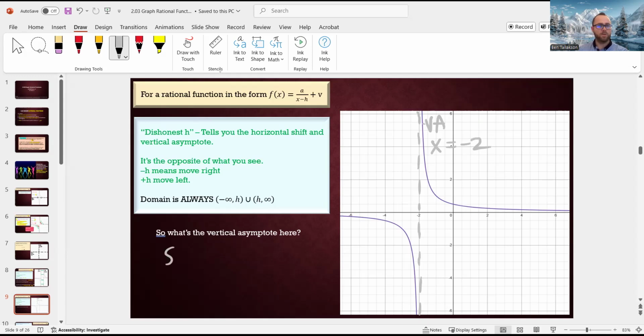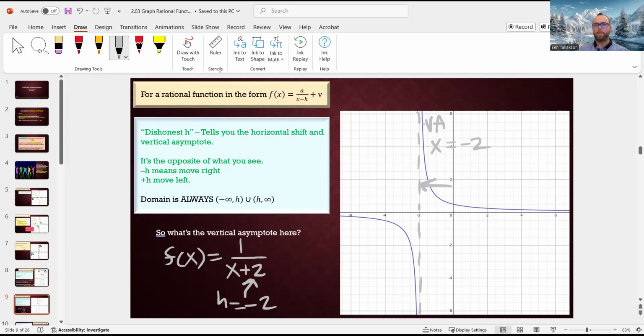Can you figure out what the function looks like? X, is it plus or minus? We moved in a negative direction, so it should look like a plus. But what actually is h? H is dishonest. It's the opposite of what you see, so h is -2.